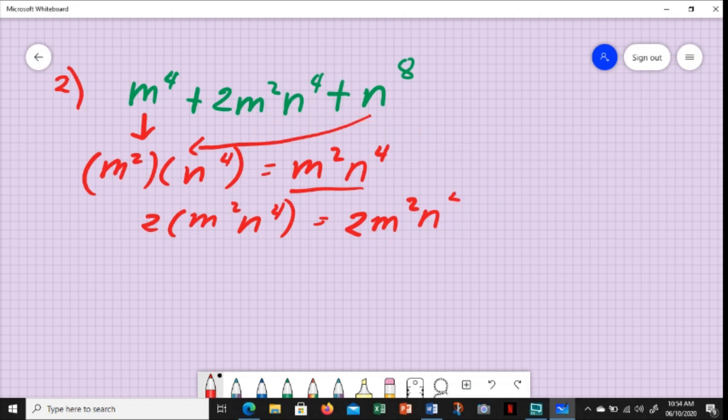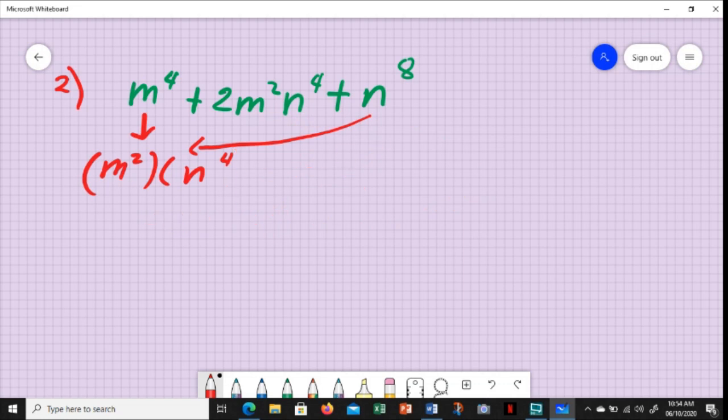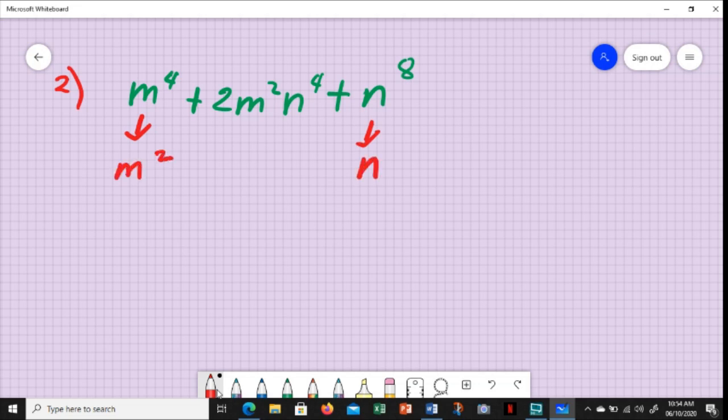Now, we can factor this by using our pattern a while ago. So let's start. Again, apply square root on the first and last term. So the square root is m squared. This one, the square root is n raised to 4. Then, this will be your a, this will be your b. So, you're going to follow the first pattern.